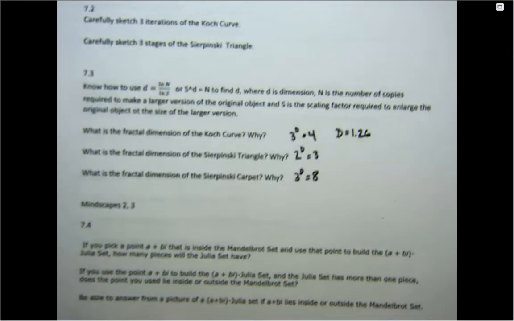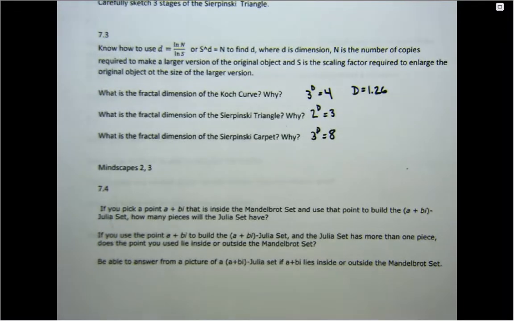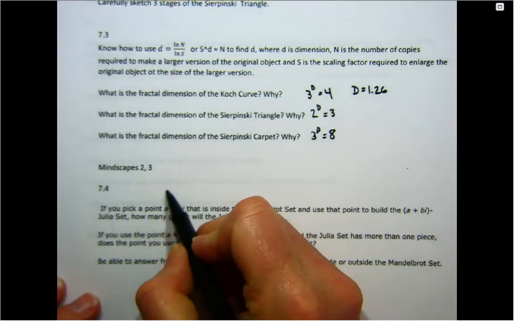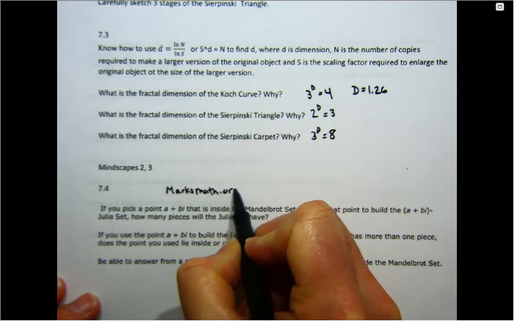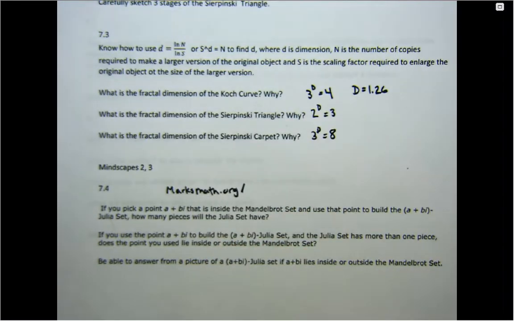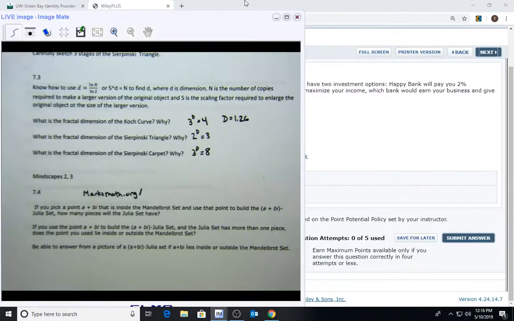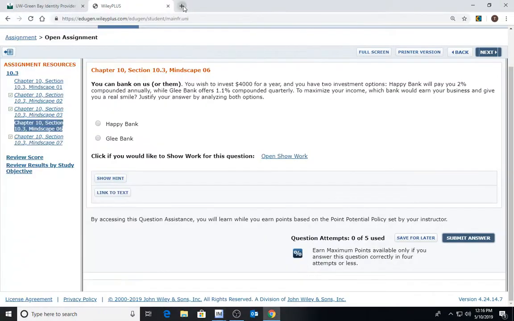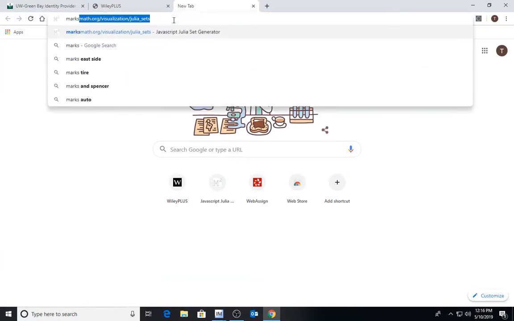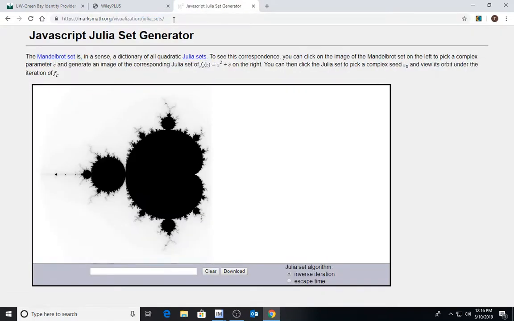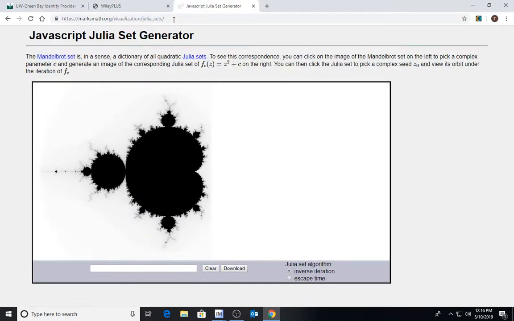In 7.4, we talked about the Julia set. We had a nice website for that, marksmath.org/visualization/Julia sets.